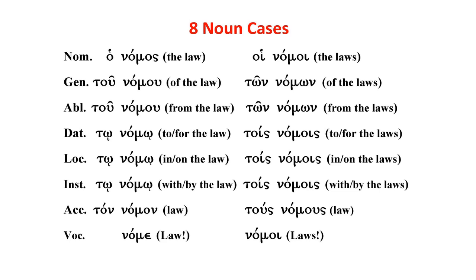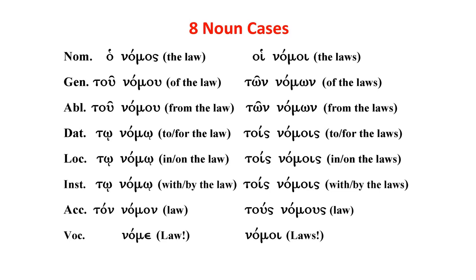It'll change to nomou, or nomo, or nomon, or nome, if it's vocative, and then you'll see whether it's singular or plural, it'll change as well. And you see that the article preceding the noun changes as well. So depending on the spelling, that will tell you what the case is in which this noun is being used.